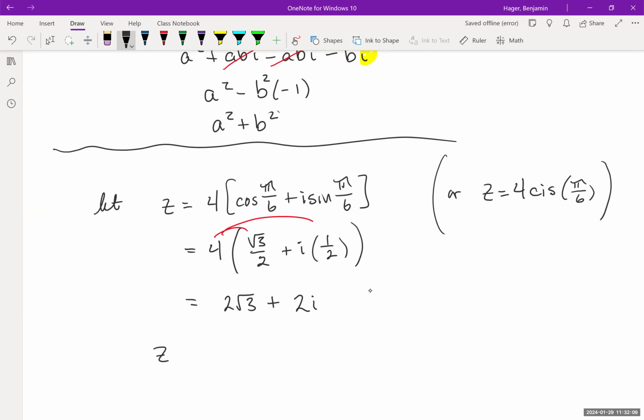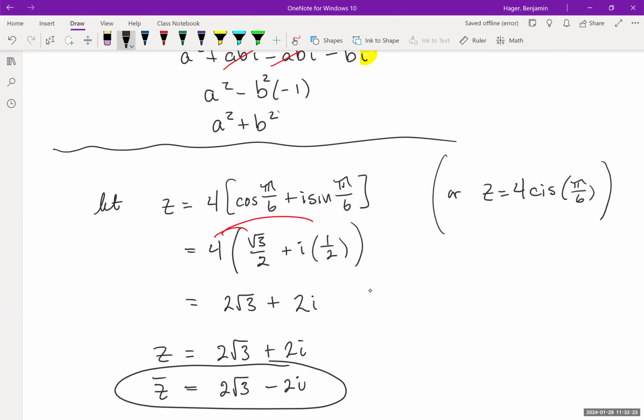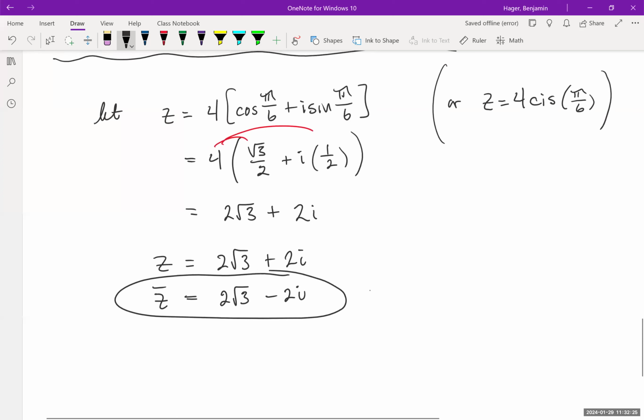That's the complex number in algebraic form. So therefore, the conjugate would have to be 2 root 3 minus 2i. We found the conjugate. But we can also find the conjugate straight from trig form.